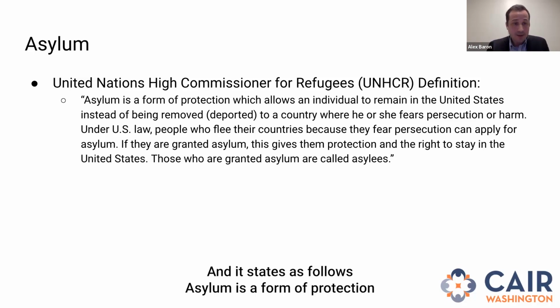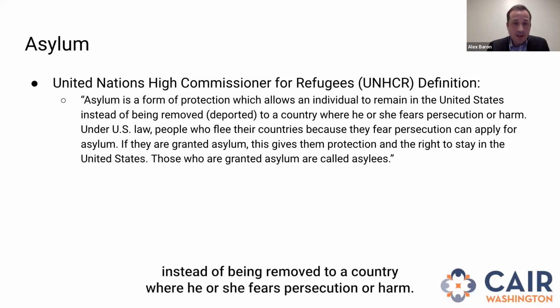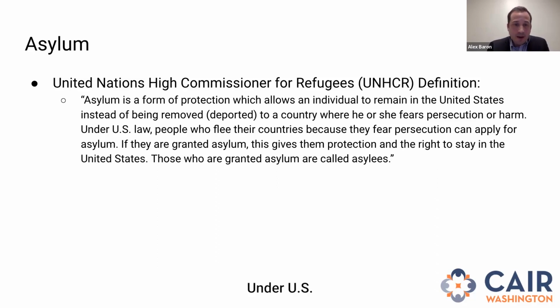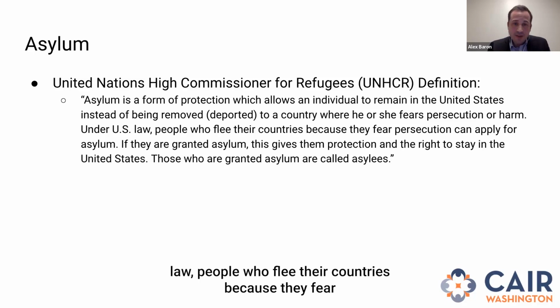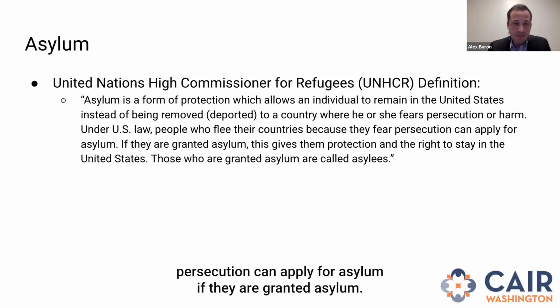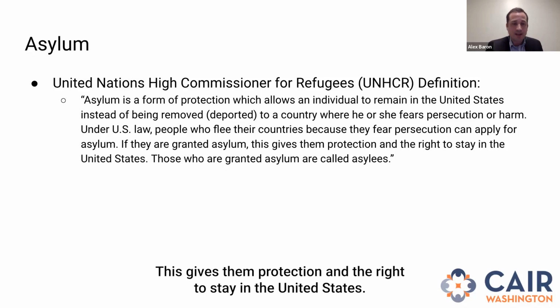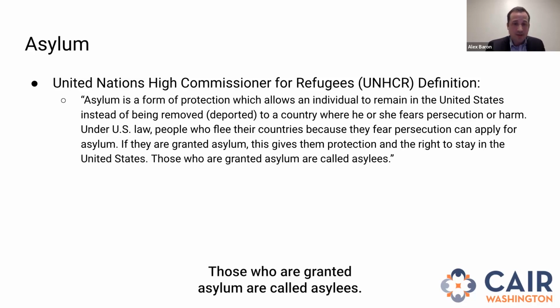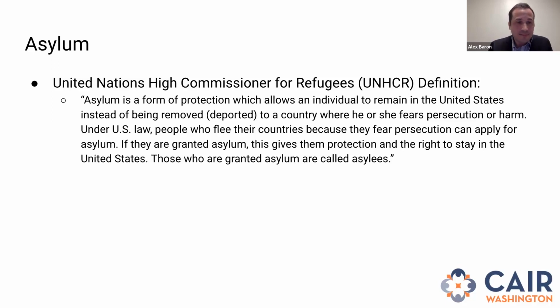And it states as follows: asylum is a form of protection which allows an individual to remain in the United States instead of being removed to a country where he or she fears persecution or harm. Under US law, people who flee their countries because they fear persecution can apply for asylum. If they are granted asylum, this gives them protection and the right to stay in the United States. Those who are granted asylum are called asylees. Next slide.